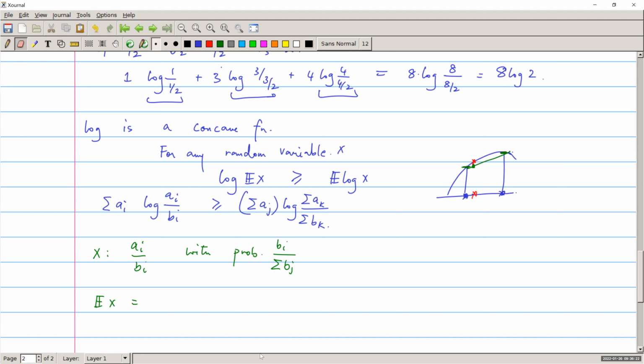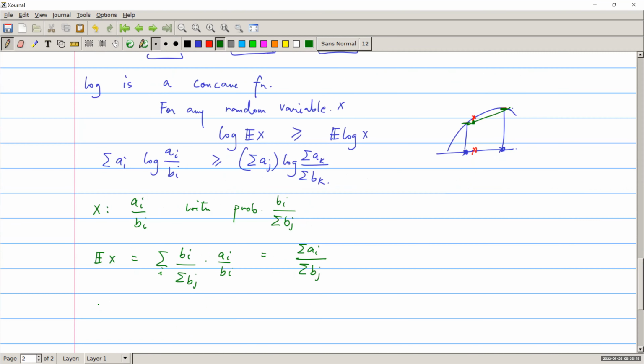Let's do it a little carefully: summation b_i over summation of b_j times a_i over b_i. So this will be the summation of a_i divided by the summation of b_j. Now, what is our expectation of log of X?